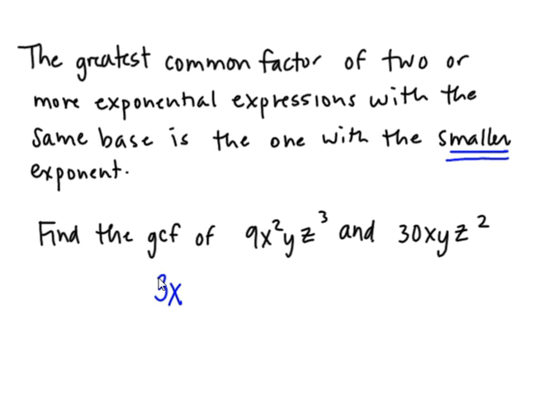Both terms have a y in common, but the smallest y is y to the 1. Both terms have a z in common, but the smallest z is z to the second. And so your GCF would be 3xyz squared.